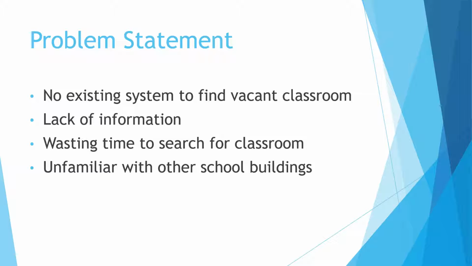Without the help of an application, there is no information updated in time, and students usually waste a lot of time finding a classroom in which they can study. In addition, it's more difficult to search for an available classroom when the user is unfamiliar with other school buildings in the university.